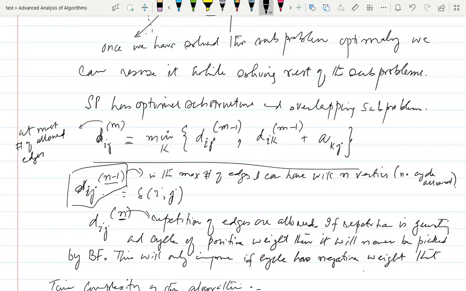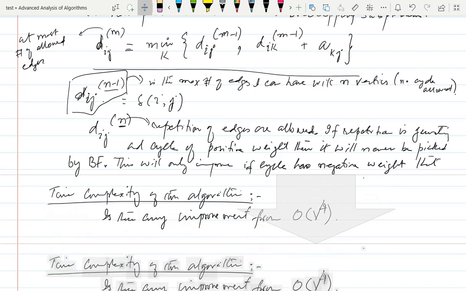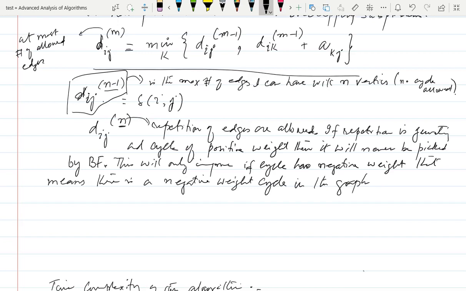That means there is a negative weight cycle in the graph, and shortest path does not exist.